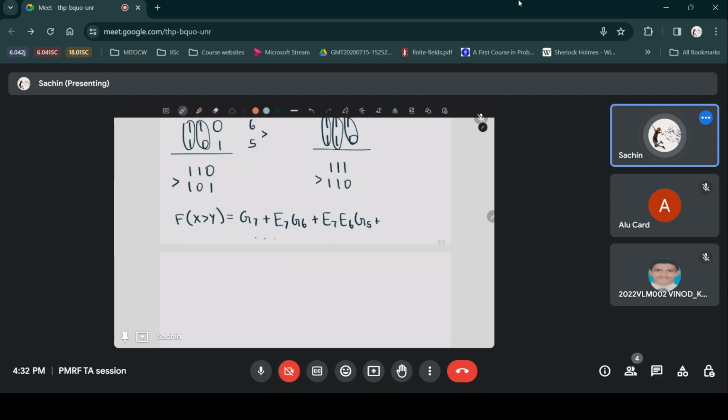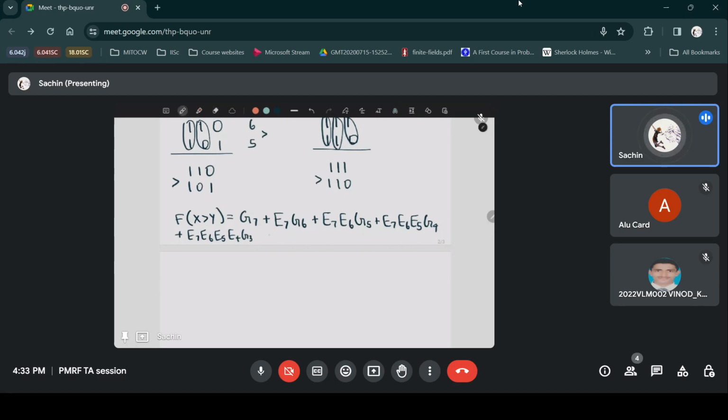So you keep on, this will go on the same pattern, e7, e6, e5, g4 plus e7, e6, e5, e4, g3 plus e7, e6.